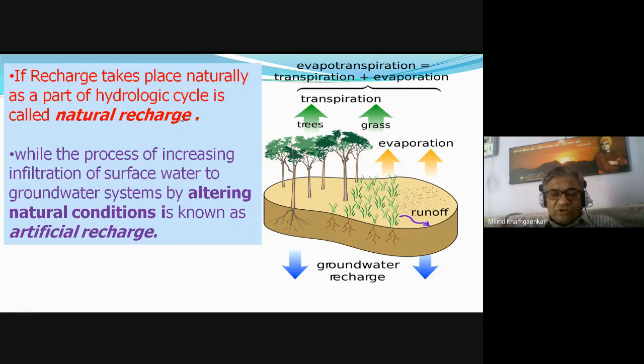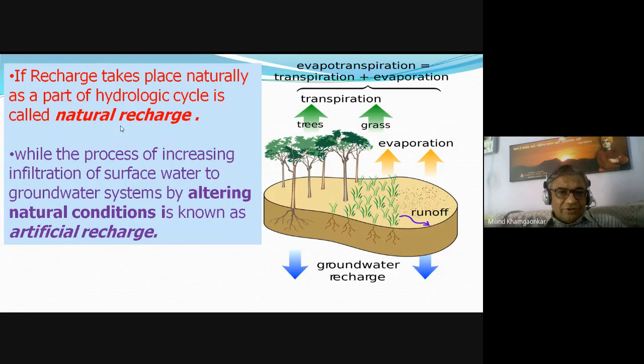Then the infiltrated water again converts into two runoffs, the subsurface flow and the base flow or groundwater flow, and this groundwater flow is nothing but the groundwater recharge. When all this takes place in this natural, hydrological cycle way, then this type of recharge is called natural recharge.